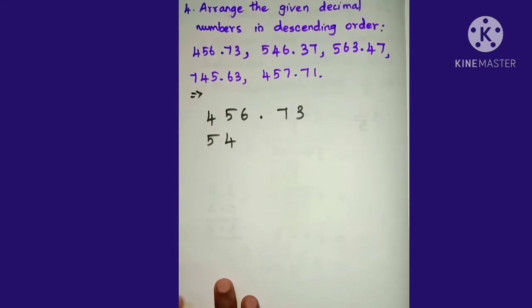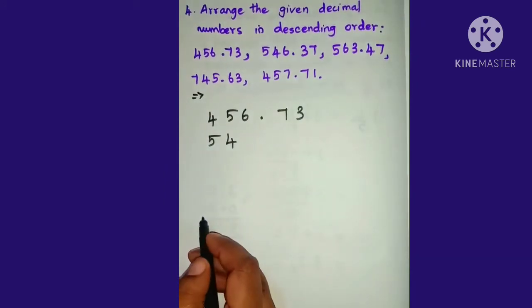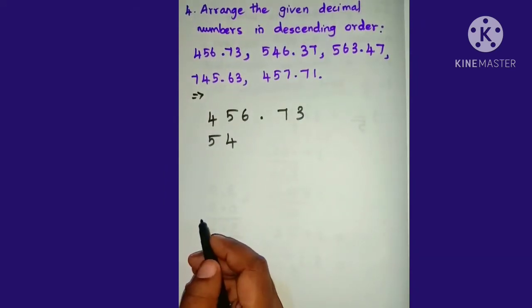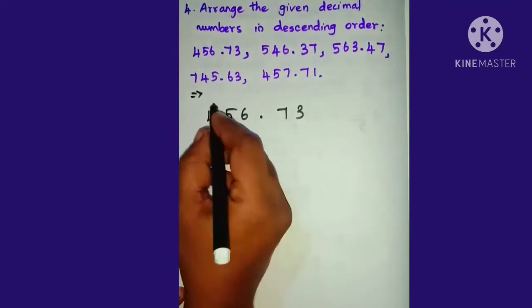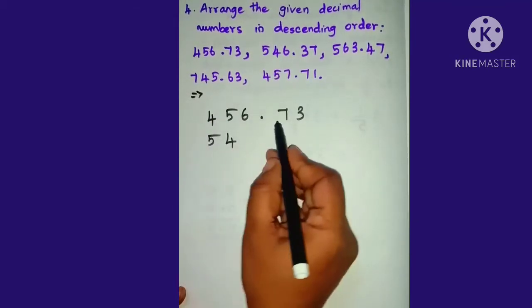Now students, arrange the given decimal numbers in descending order, which means the arrangement from biggest to smallest, largest number to smallest number. As a first step, we have to line up the decimal numbers or place the decimal numbers in a place value chart. So here I lined up the decimal numbers like this. 456.73.